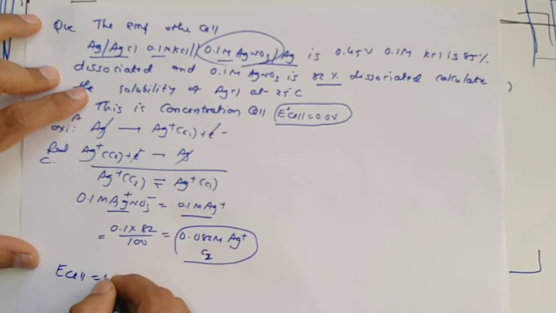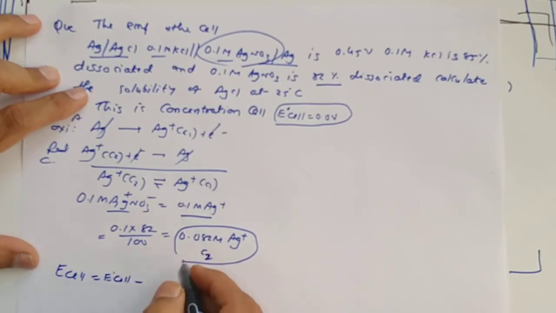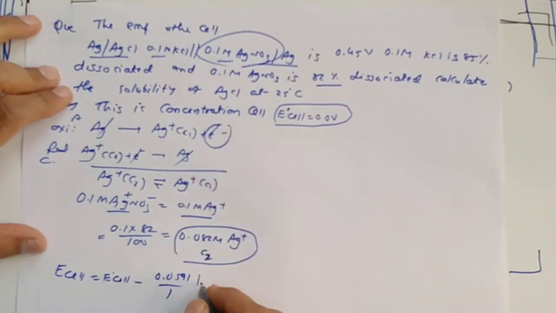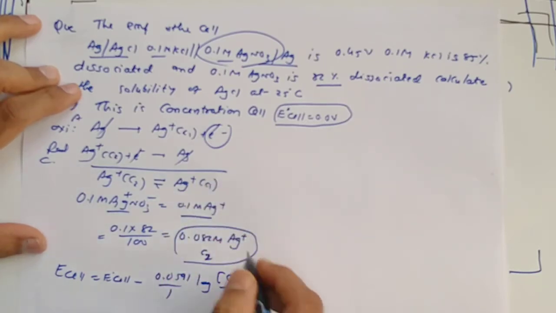Now E cell equals E degree cell minus 0.0591 upon 1, the transfer of electron, log of the upper part, the concentration of the product C1, lower part C2.